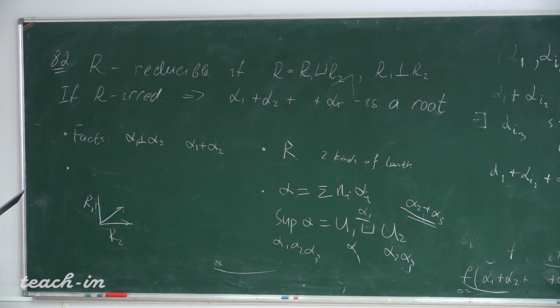Okay. So you're saying if I take two orthogonal vectors of different lengths and consider their sum, then the sum will be of a third length.